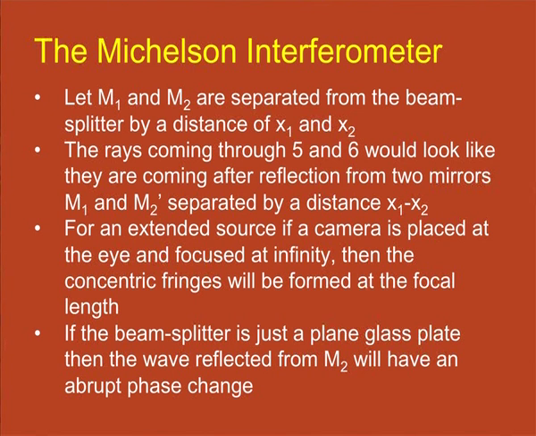For an extended source, if a camera is placed at the eye and focused at infinity, then concentric fringes will be formed at the focal length. If the beam splitter is just a plain glass plate, then the wave reflected from M2 will have an abrupt phase change.